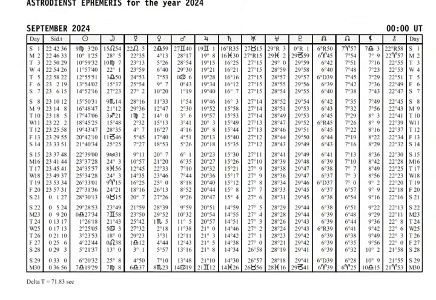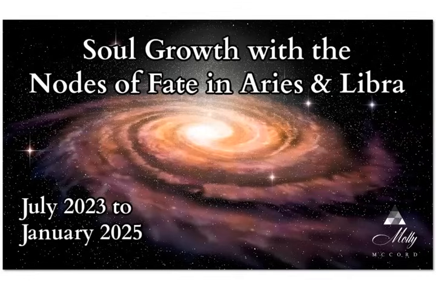And of course, it's even more personal if you have your natal north node or south node in Aries or Libra, or any important planets or points in Aries or Libra.